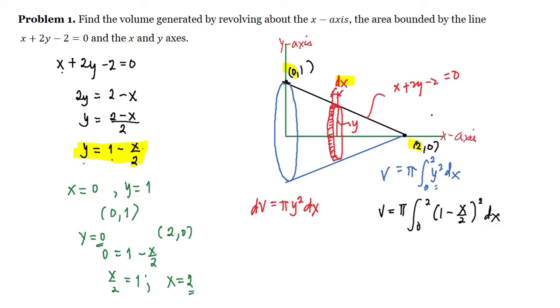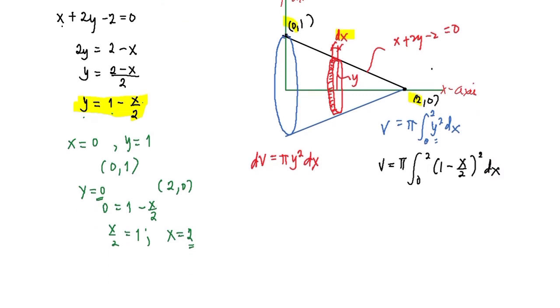So solving for the integral of this, the first thing that we are going to do is, of course, to expand our equation. Then we have here the volume is equal to pi integral from 0 to 2. Kung expand natin to, we have here 1. In the second term, kukopyahin lang natin itong sign natin, the minus.